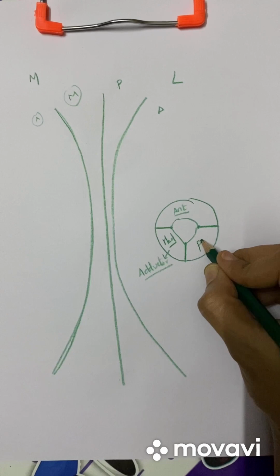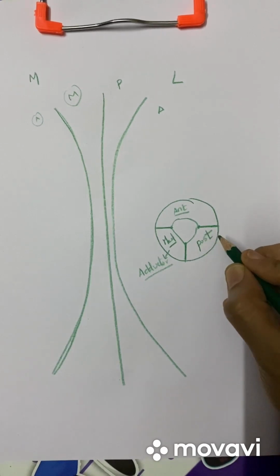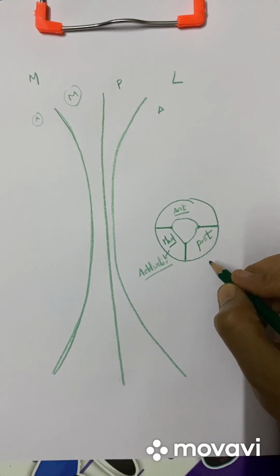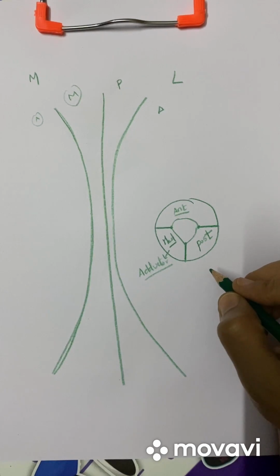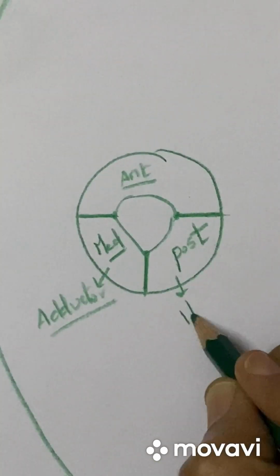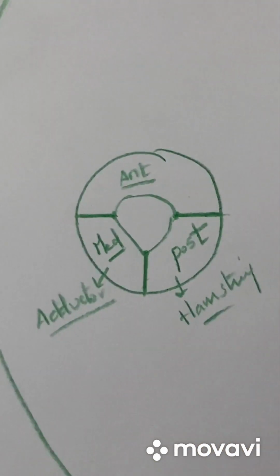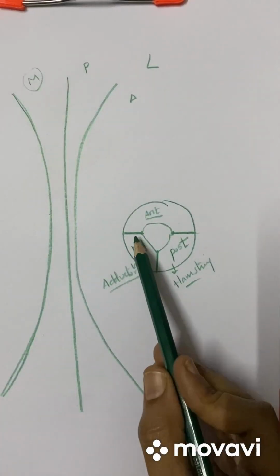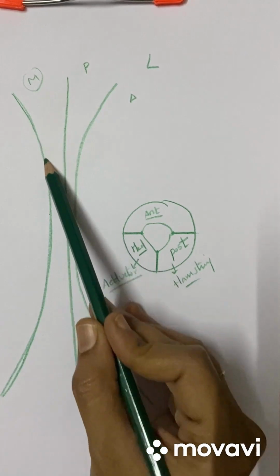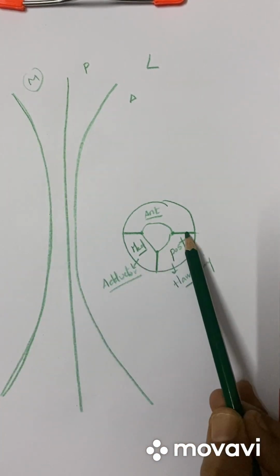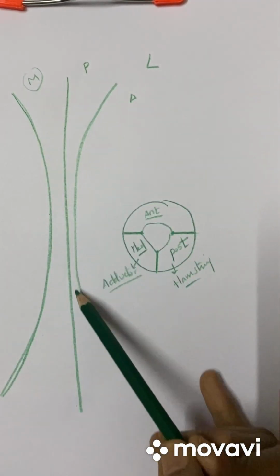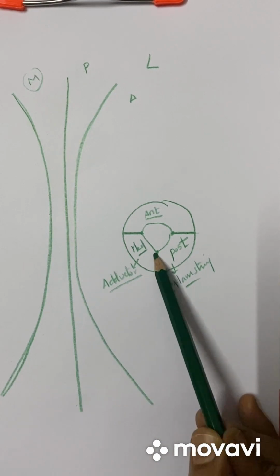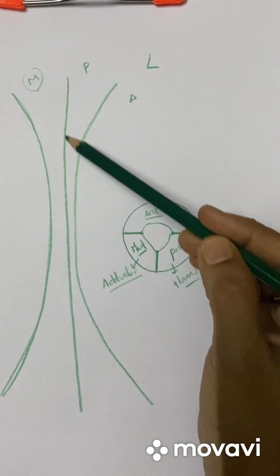This posterior compartment contains a group of muscles called hamstring muscles. So these are the three septa. Here we can orient the medial intermuscular septum, lateral intermuscular septum, posterior intermuscular septum.